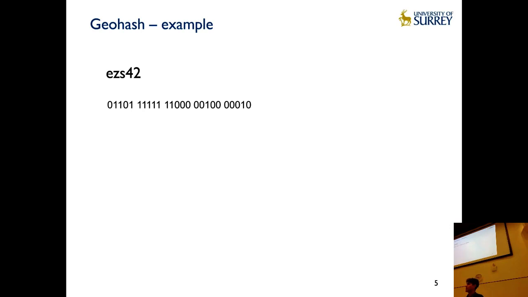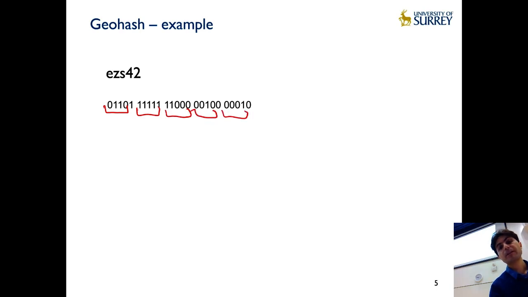Once you have done it, to a binary representation, my apologies, you take your longitude and latitude data, you represent them in binary representations, and you start taking it from left to right, 5 bits by 5 bits. Each 5 bits will correspond to 1 character in your base 32. What is this going to be?